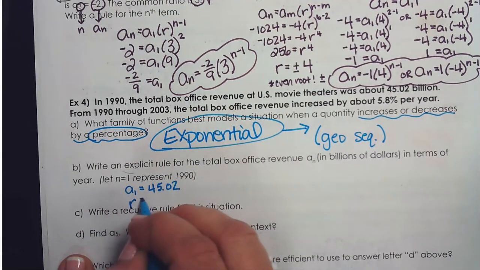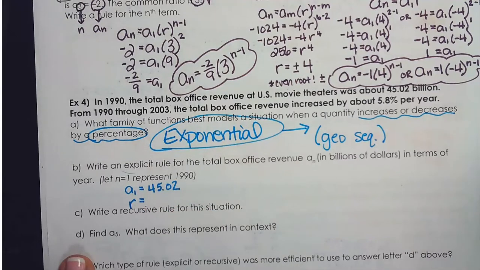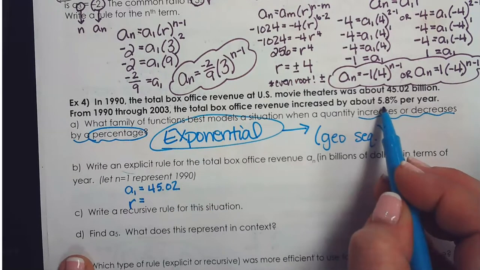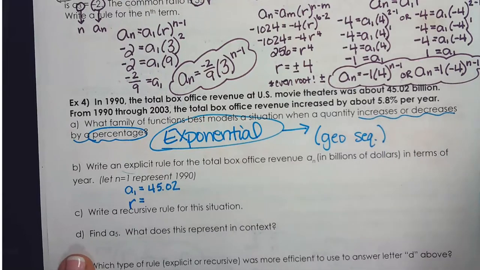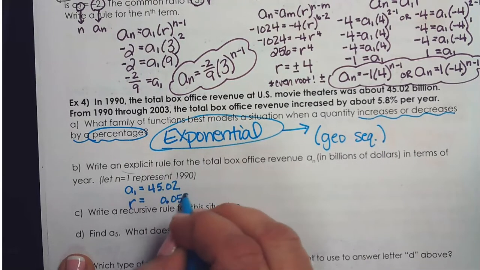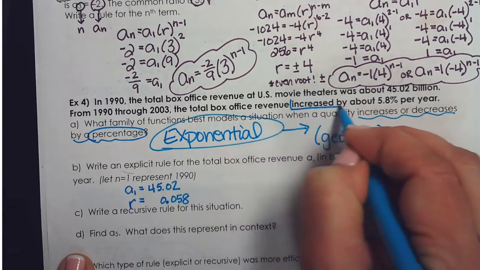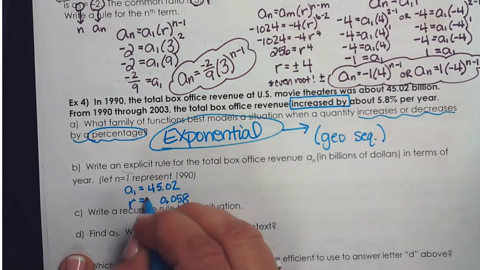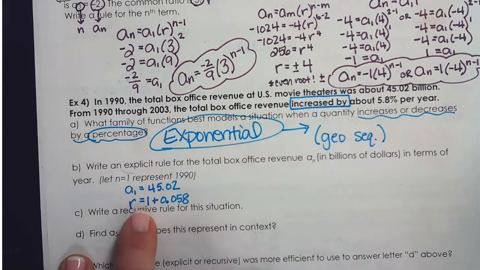But let's talk about R. A lot of times people will turn 5.8% into a decimal, which is 0.058. But do you see that it increased by that percentage? Which means that it kept its original 100%, which is 1, and added the 5.8%.